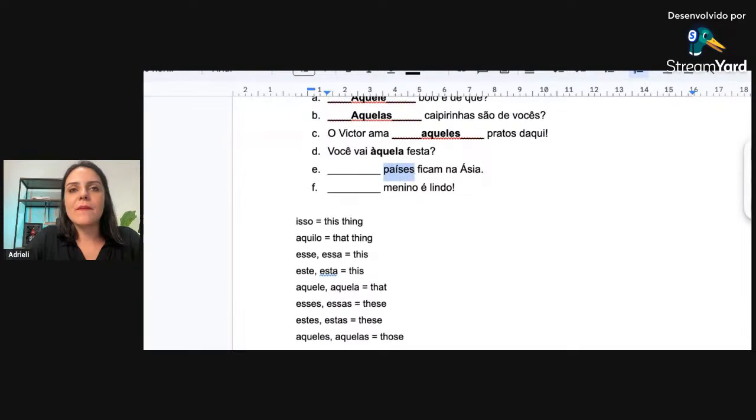Okay, now we have países ficam na Ásia. Países is masculine and plural. And what should we add here? Escrevam aí, right? Over there for me, please. País, masculine.